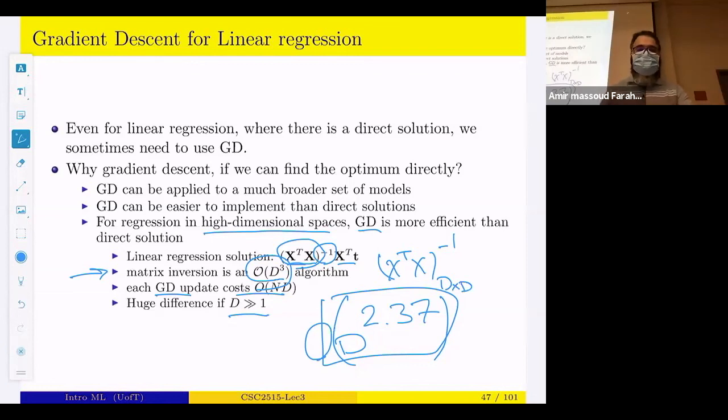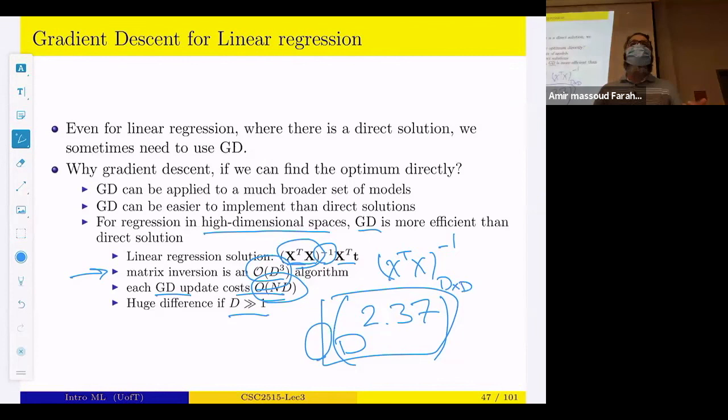This is only one iteration, but we may need tens or hundreds of iterations, and how many iterations we need to get to the epsilon neighborhood of the global optimum is another factor which is kind of skipped.